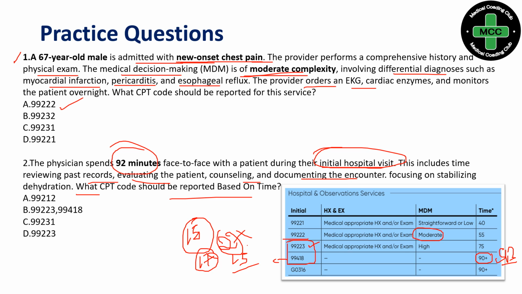So that extra 2 minutes you can ignore. So the answer is 99223 and 99418. 99418 is a prolonged service add-on code. We will utilize it only for the IP setting. Same way, for OP, we will utilize 99417 for the outpatient setting.